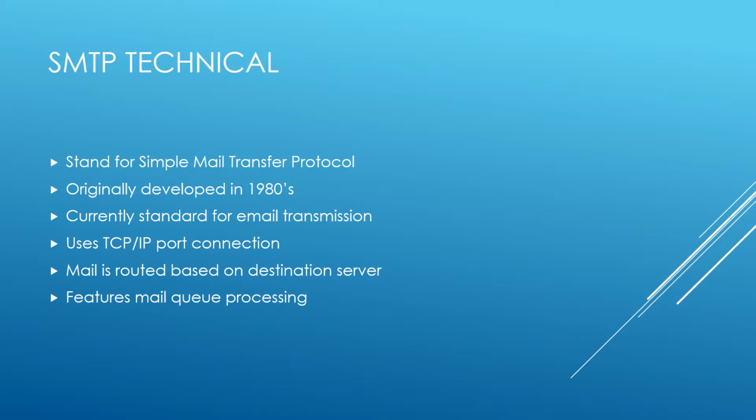This differs from POP3 and other protocols where messages are received and are designed for distribution by individual user. In SMTP, the mail is directed based on the destination server that the user is using.